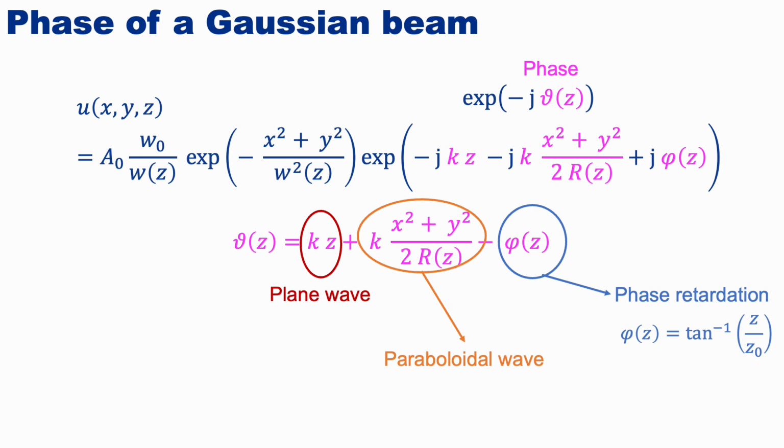We have the amplitude, where we have a decay with the beam width, and x and y also have a decay with the beam width. Then we have the phase term, where we can think about the propagation of a plane wave or paraboloidal wave, since a Gaussian beam is a shifted paraboloidal wave, and then our first retardation.